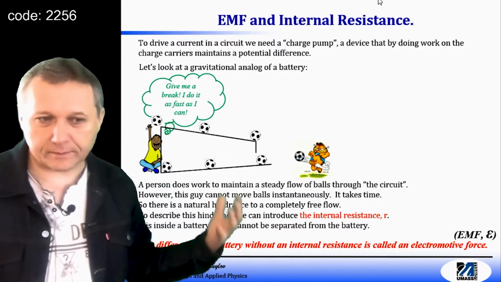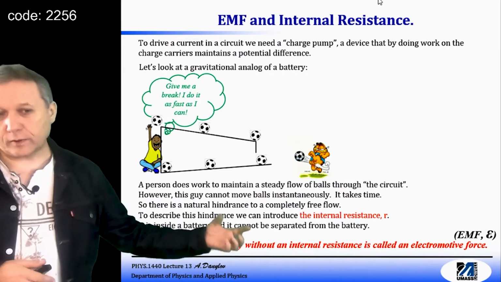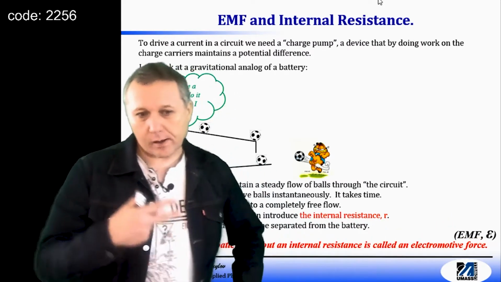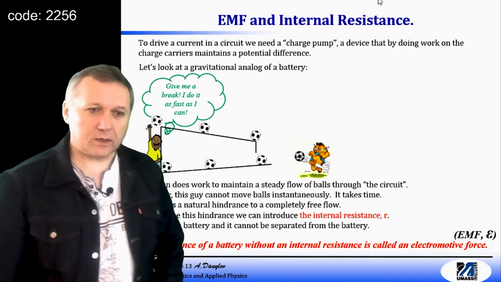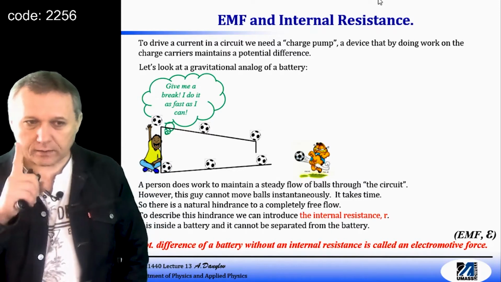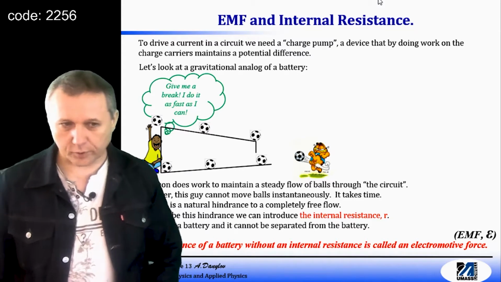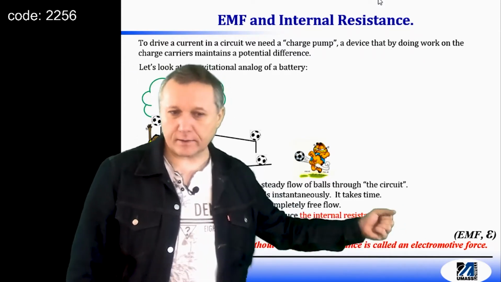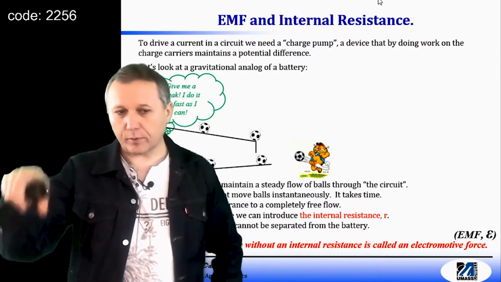Okay, so from now on, we're going to use EMF, capital epsilon, to show that this is the potential difference of an ideal battery. And since you're going to use it to do your homework in Mastering Physics, where can you find this EMF? In the Greek letter box.